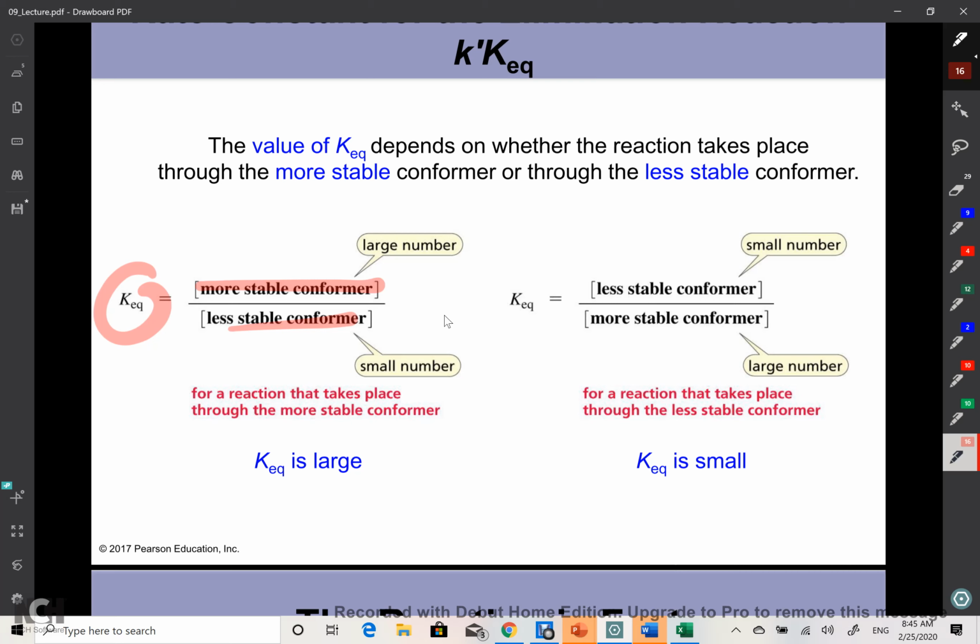Now, for a reaction that takes place through a more stable conformer, your equilibrium constant is large. And for a reaction that takes place through the formation of the less stable conformer, it means that your equilibrium constant is small. And if the equilibrium constant is small, it means that equilibrium will have to shift for that reaction to take place. There will be a movement in the equilibrium.